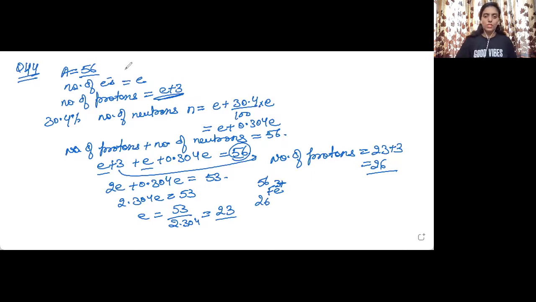Now let us move to the next question, question number 45. Arrange the following types of radiations in increasing order of frequency.